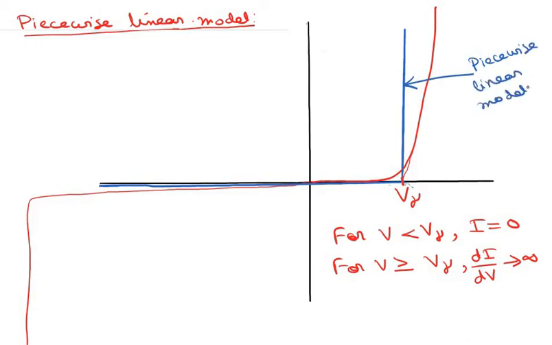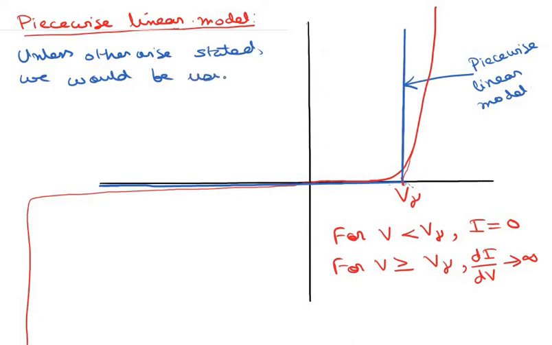and this is the model that we would be using for most of our calculations or most of our problems unless otherwise stated. And this model actually gives a pretty accurate value for the real problem.